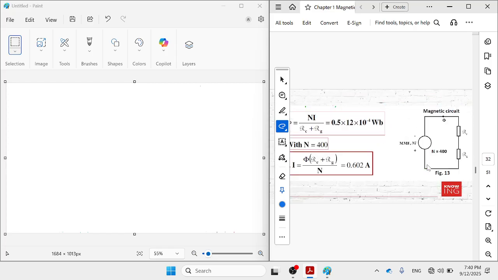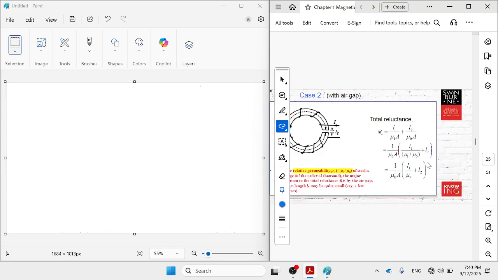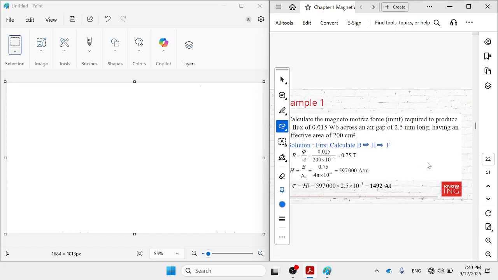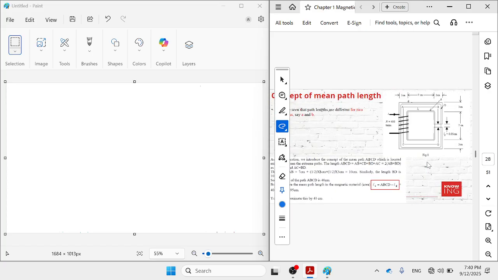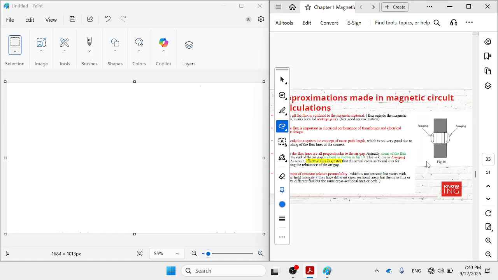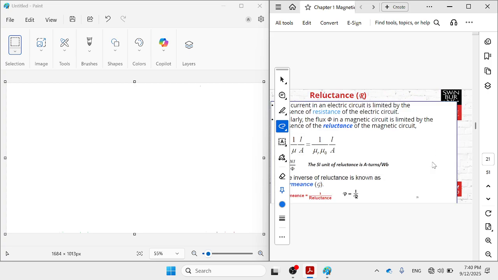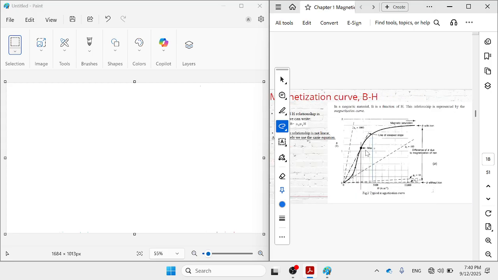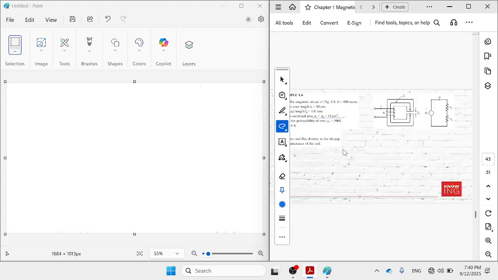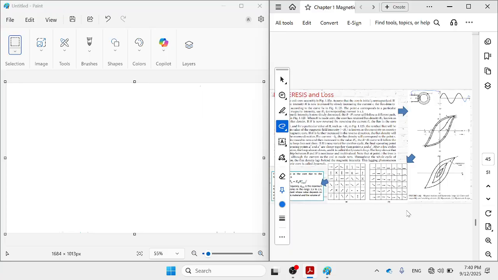This is one BH, this is the other BH. Where is the other BH graph? This one, and the other in the previous slide. This is called the static BH graph, and this new one is called dynamic.